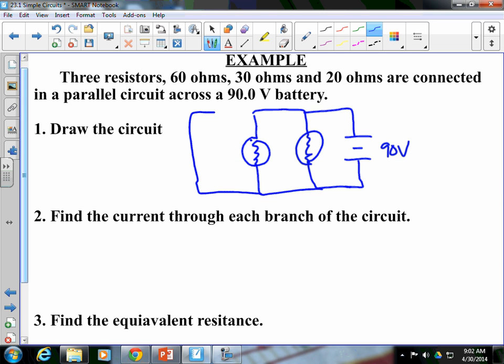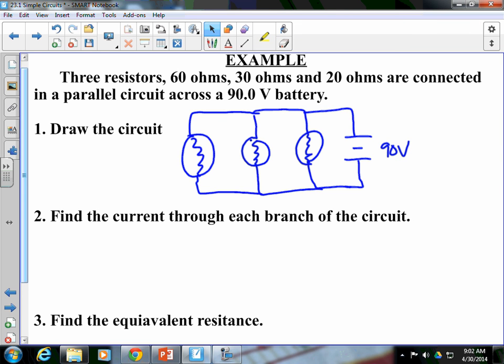I'll connect that using a third resistor. And my resistors have 60 ohms, 30 ohms, and 20 ohms. Those are my resistors. So that's what my circuit diagram would look like. I have my voltage with my battery and my resistors.